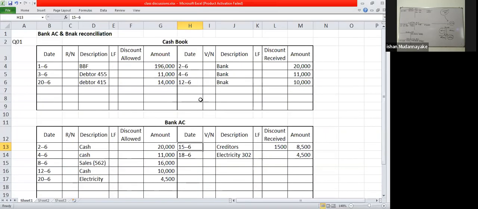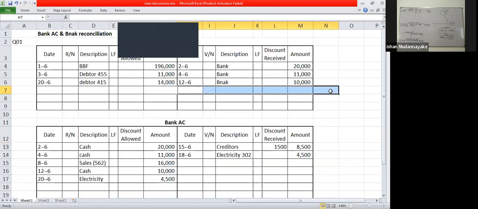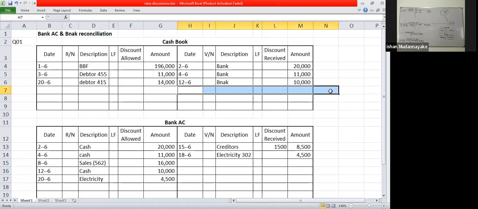How to record the double entry in the cash book? Cash book credit 14,000, 26 June. Cash book credit, bank. How much? 14,000. And then bank account debit 14,000, 26 June.